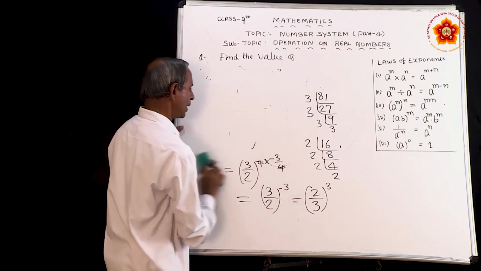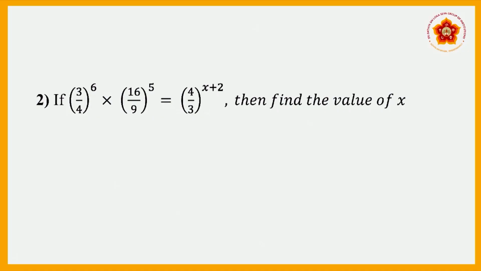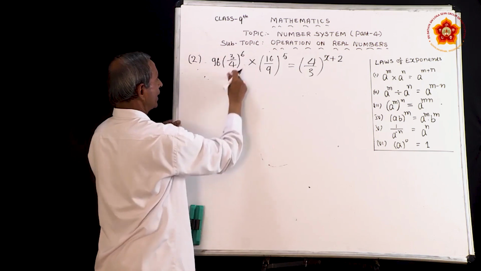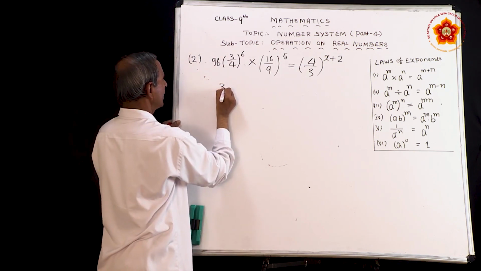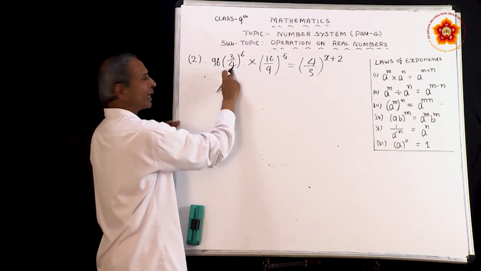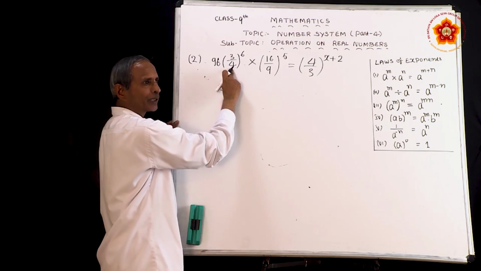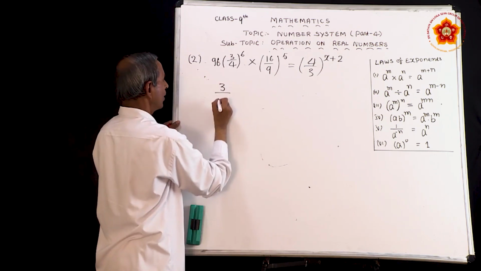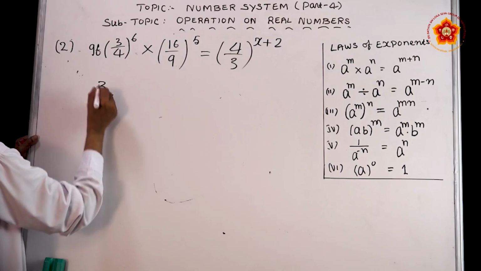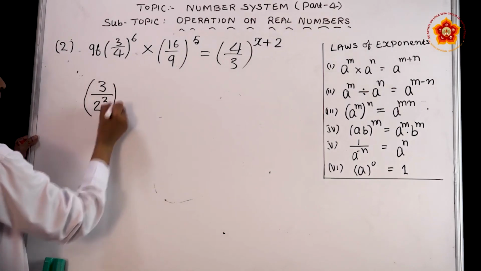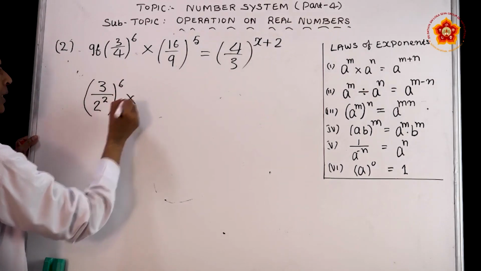Let us move to the next, the second problem. Let us simplify both the left hand side and the denominator first. In the numerator, 3 is there, write it as it is. In the denominator 4 is there, 4 can be expressed as 2 square. I will write it as (2 square) bracket 6 multiplied by.